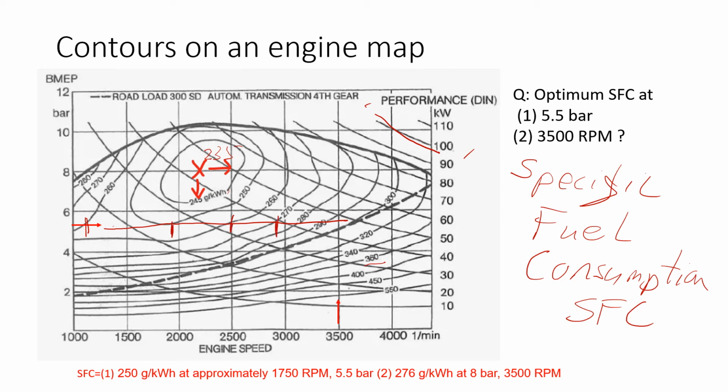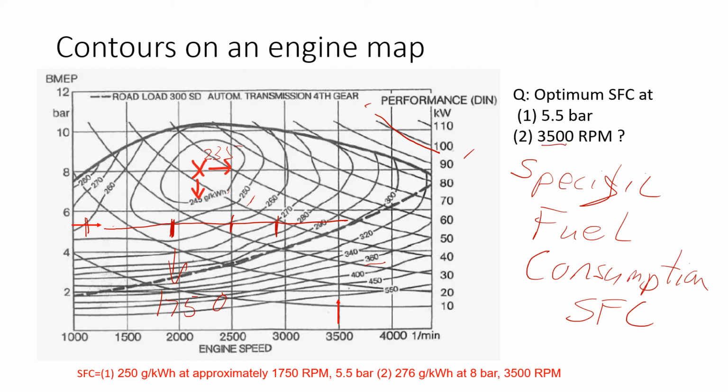So the minimum is about here. So that's at 1750 RPM, and I'm using about 250 grams of petrol to do a kilowatt hour of work.